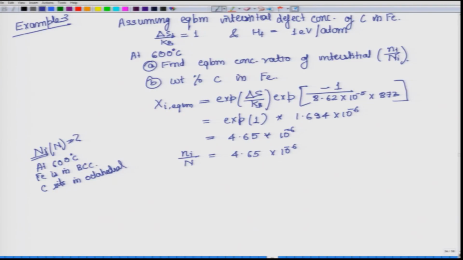So, now that carbon sits in the octahedral sites, it would mean that Ni is equal to 3N, and therefore, over here you will have to divide it by 3.